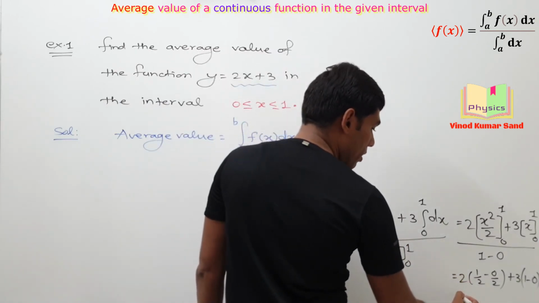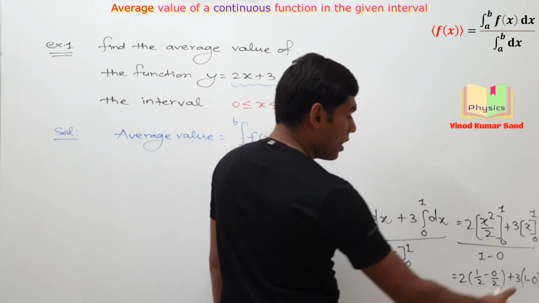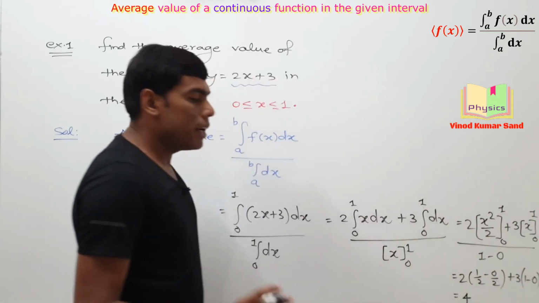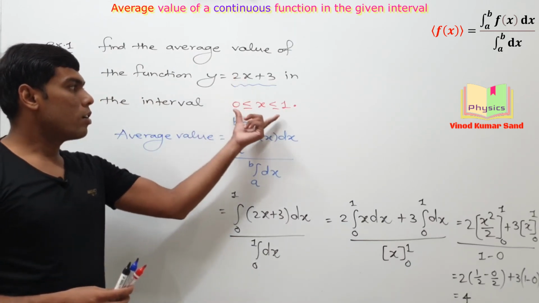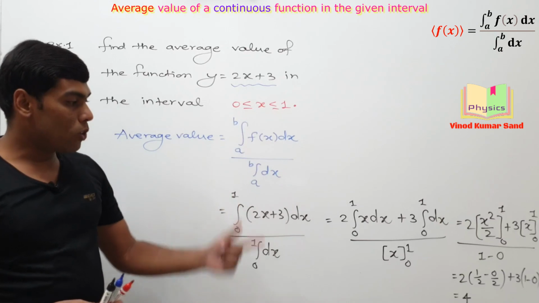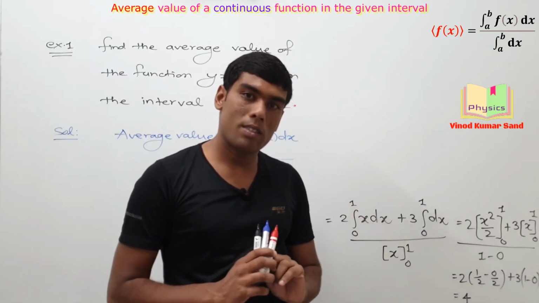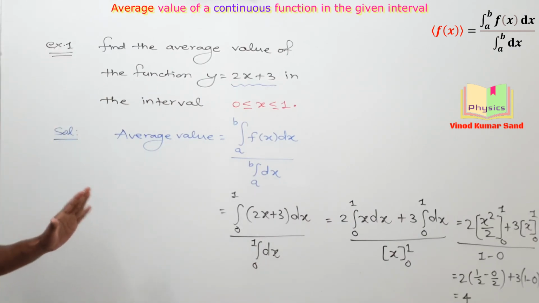Let us simplify it further. 2 into 1 by 2, it will become 1, and plus 3 will make it 4. It means the average value of this function for this interval will be equal to 4. I hope you get this. It's pretty simple calculation. Pause the video here and give it a try yourself.